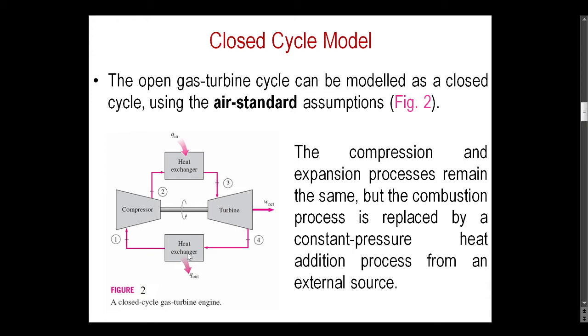In the second heat exchanger the working fluid rejects heat to another fluid or the surroundings. So heat will be rejected by the working fluid, that is Q out. That is the difference between the closed cycle Brayton cycle and the open cycle Brayton cycle.